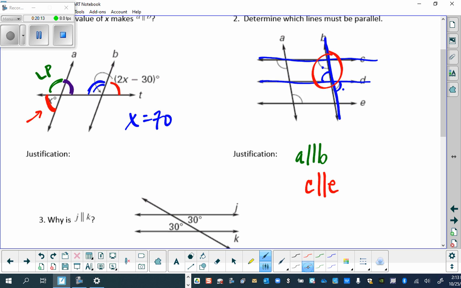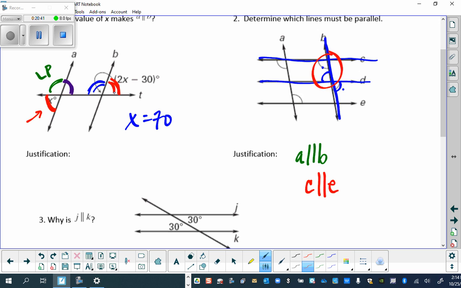If I chose to go red, then that means that these are alternating exterior angles, and these two are a linear pair. So depending on what I saw first in my mind, my second answer, so your justification could be completely different from the person sitting next to you, but you could still get it right. It depends on how you look at it.